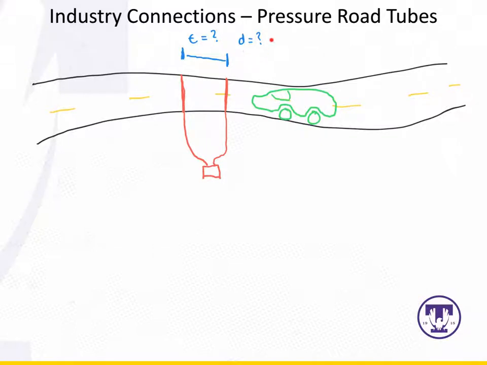So this will have to be a setting on the HMI. You'll have to have a field in the HMI to be able to have someone type in the separation distance between the tubes. Then you'll have to calculate how long it took for the car to go from tube 1 to tube 2. And that'll give you your time.